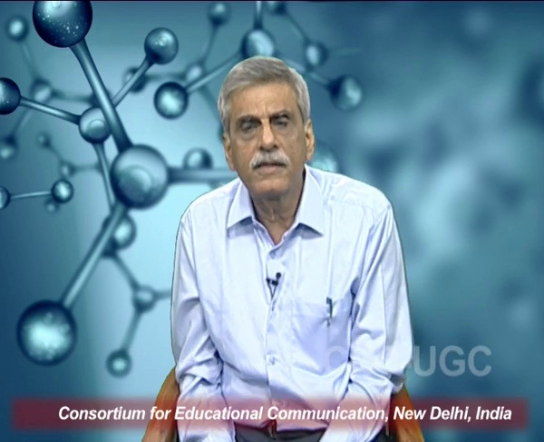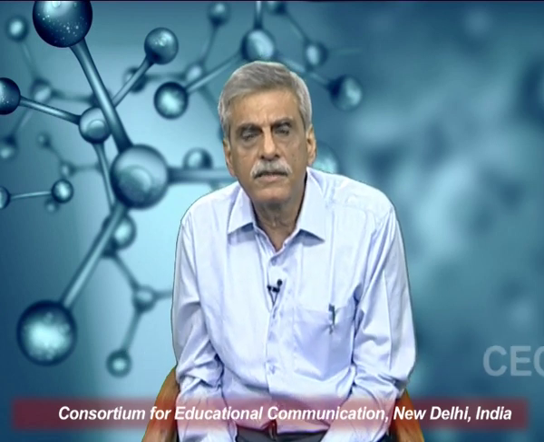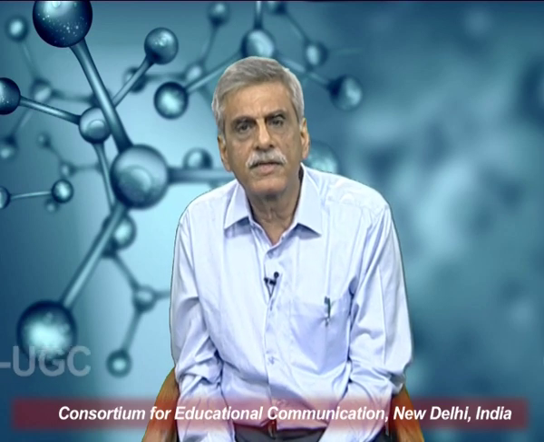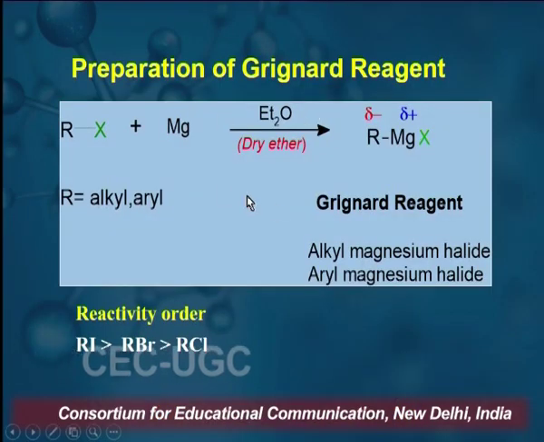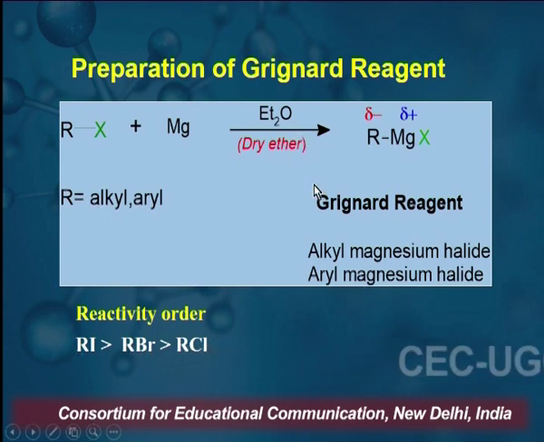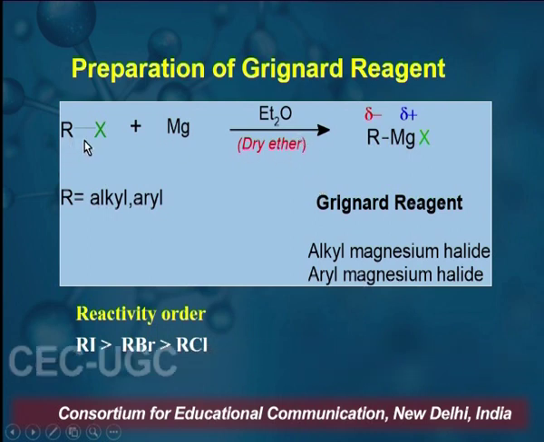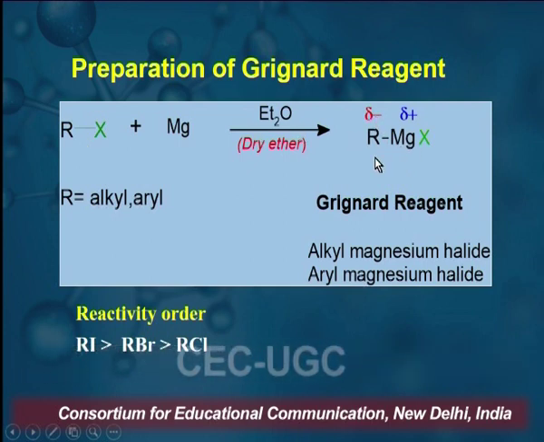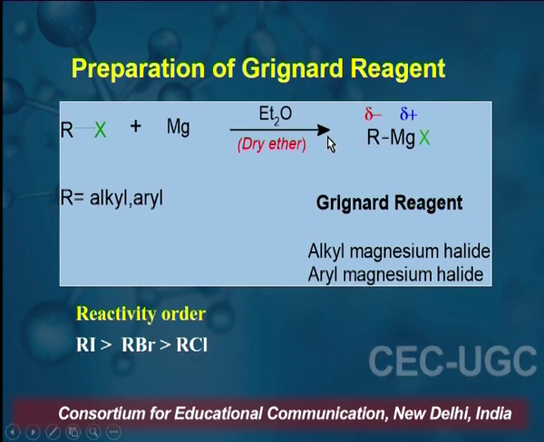Now we have already seen in many reactions why dry ether has to be used. Because if dry ether is not used, water will react with the Grignard reagent and result in the formation of an undesirable product, that is, it will be converted into RH, the corresponding alkane.